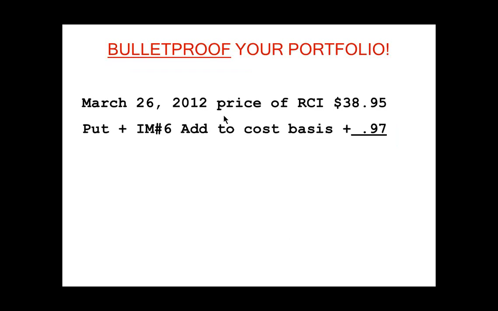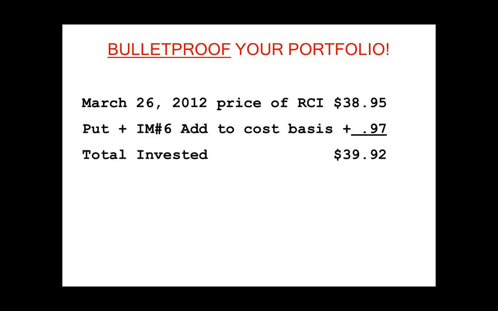On March 26th, 2012, the price of RCI was $38.95. After all the smoke is cleared from buying the put and doing the income methods, we have a total cost basis for our put left, because the income methods are closed, of 97 cents.